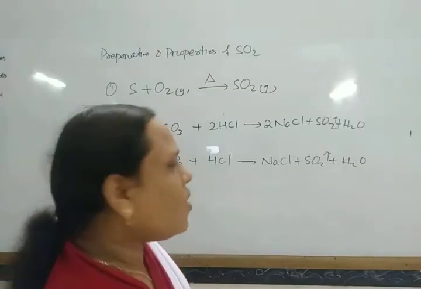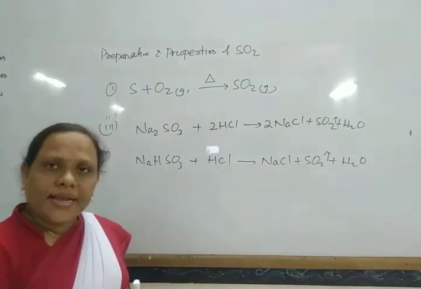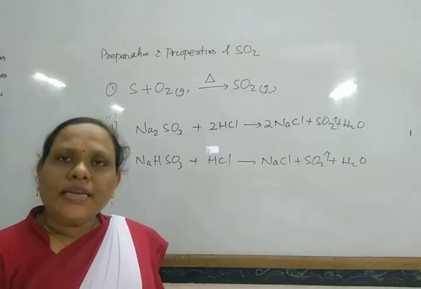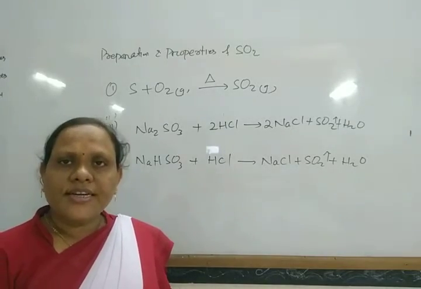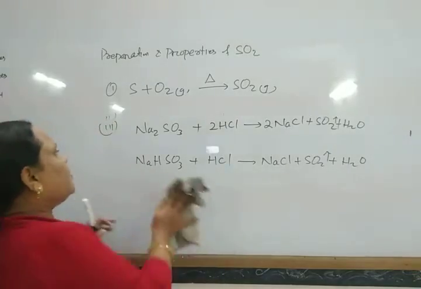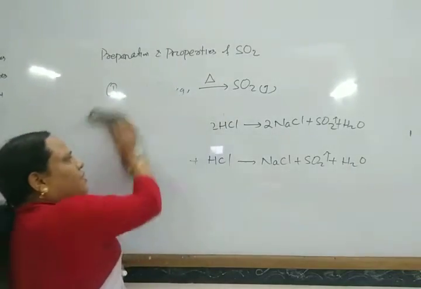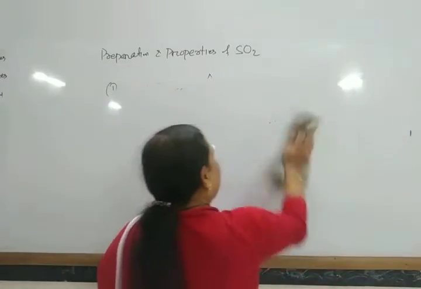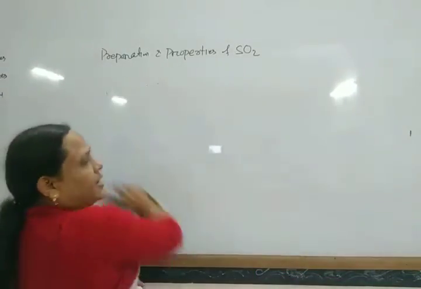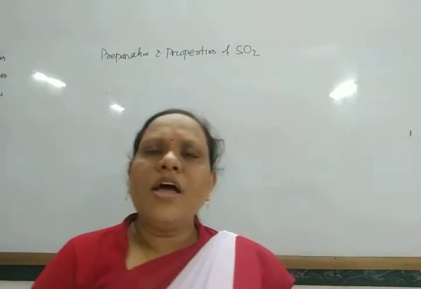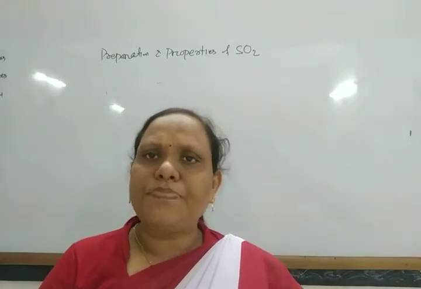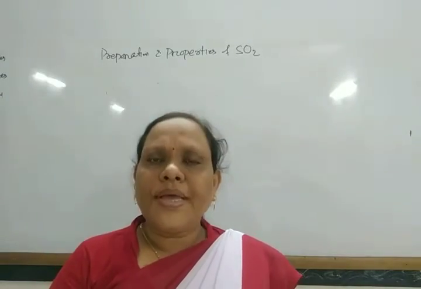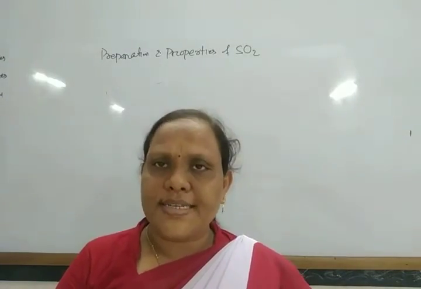And it is also prepared by heating metals like copper and iron in the presence of concentrated sulfuric acid. In the laboratory method of preparation, sulfur dioxide gas is prepared by heating copper chips with concentrated sulfuric acid.